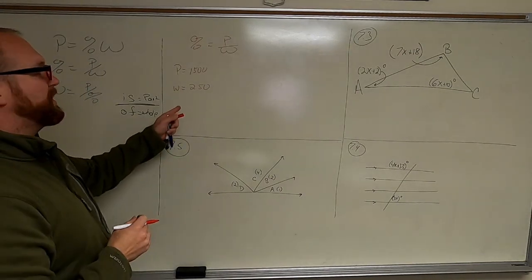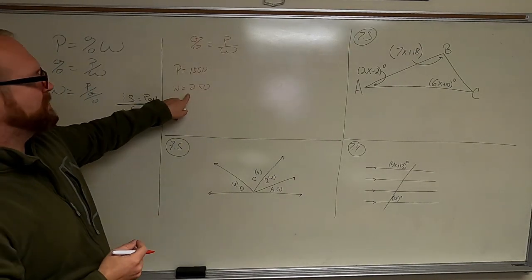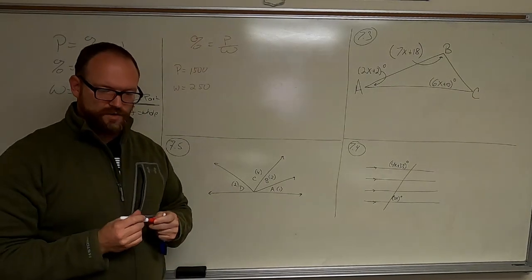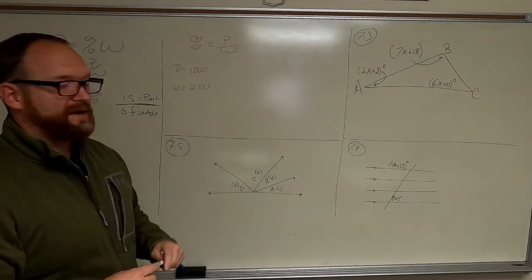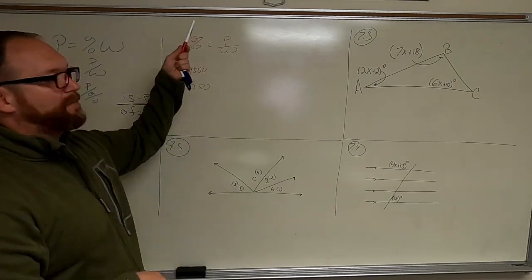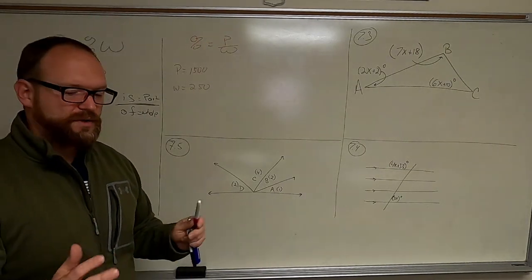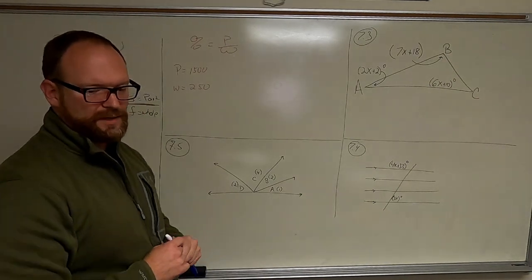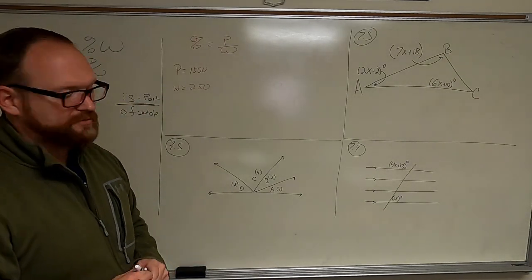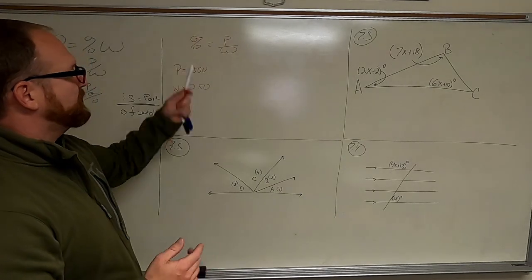Now you notice right away that the part is much greater than the whole. We won't have to go into a lot of explanation of this, but we have learned in the past that we can have a greater part than the whole. We won't go into why that is right now, but we can certainly explain that at a later time. So how do we figure out percent?